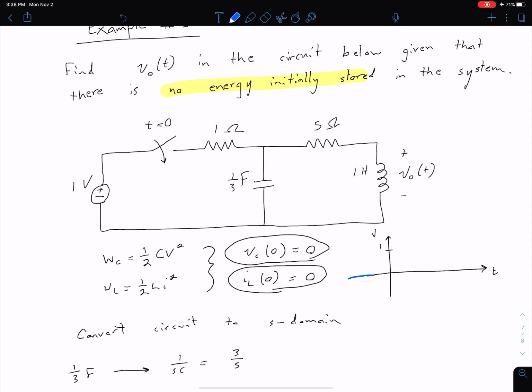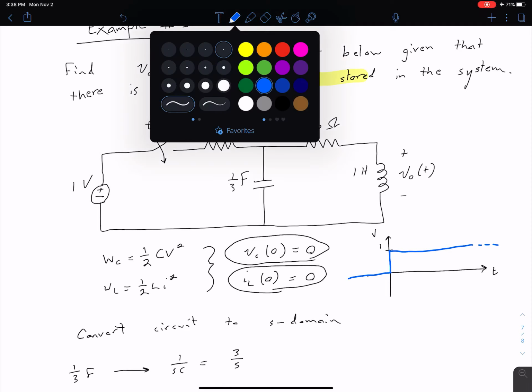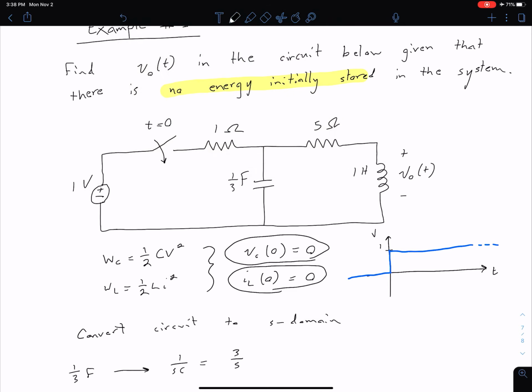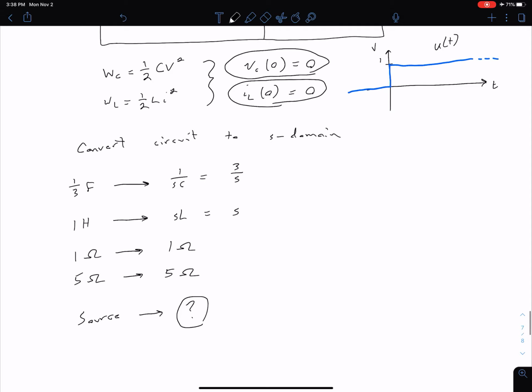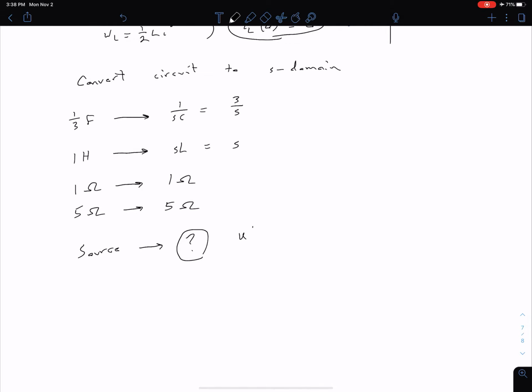So we'd have 0 for time less than 0, and then when that switch closes at 0, we're instantly jumping up to 1. And so that should look familiar because this is just our unit step function u of t. So we can say that our source is u of t in the time domain, and taking our Laplace transform, that becomes 1/S.